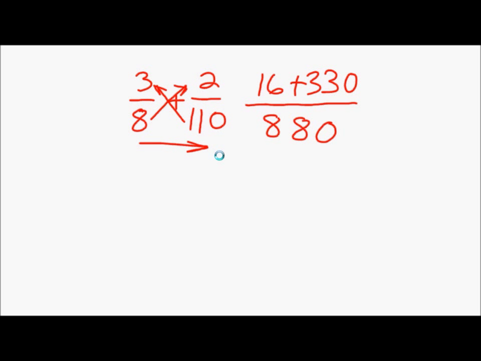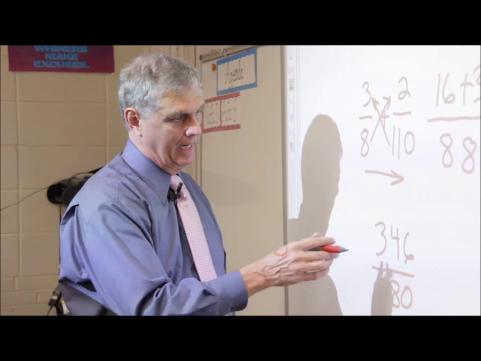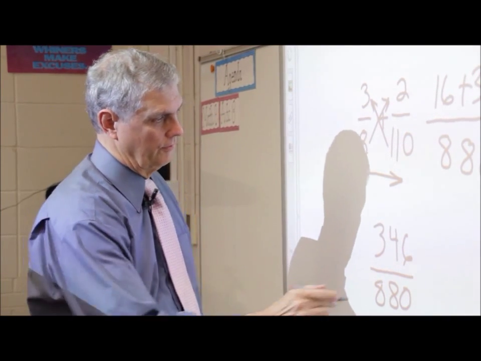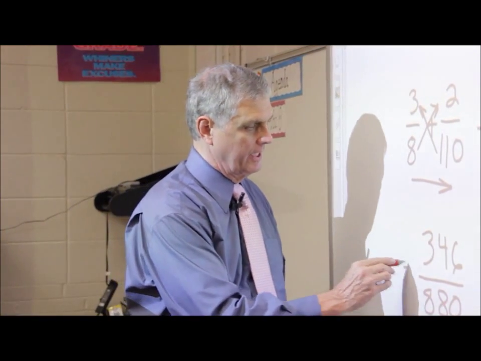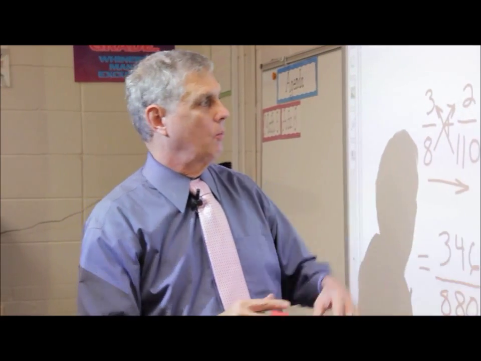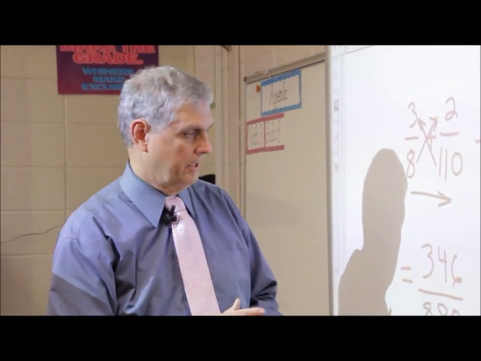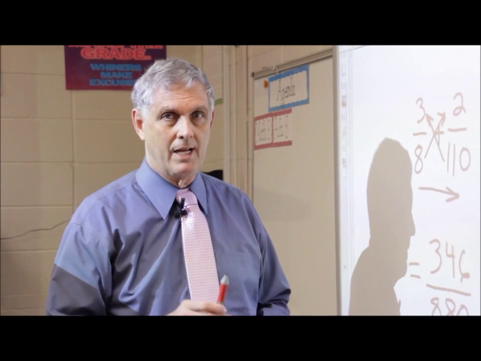And if we simplify that, we would get 346 over 880. And now I could start reducing this, divide top and bottom by 2, and work it on down to its most simplified form. We won't do that. I'm just showing you that this is a way to get to the answer if you can't right away see how to have the common denominator. It's called the bow tie method.